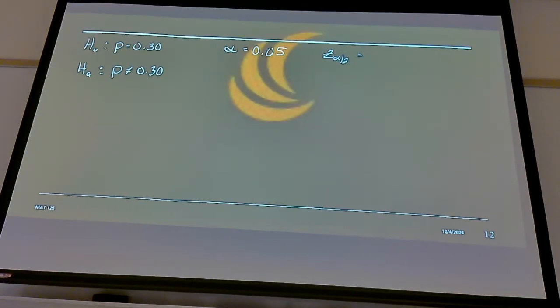It's a two-tailed test, so we want z alpha over 2, which says 1.960.